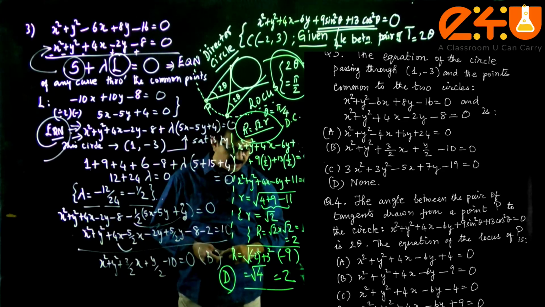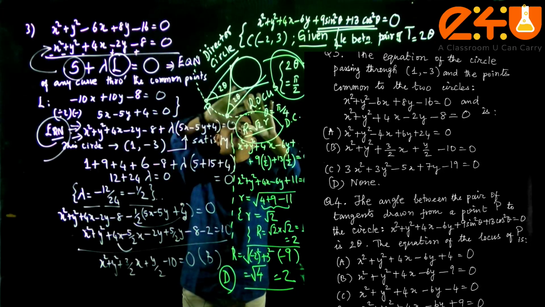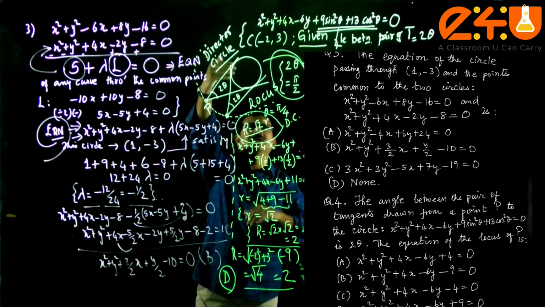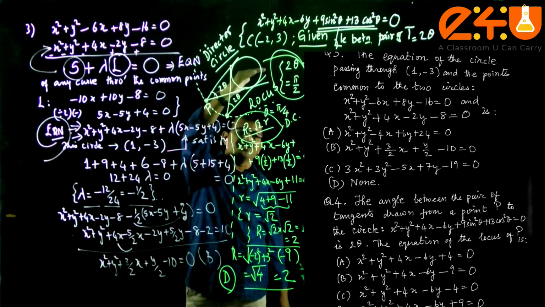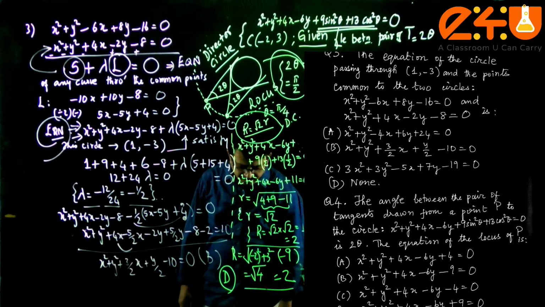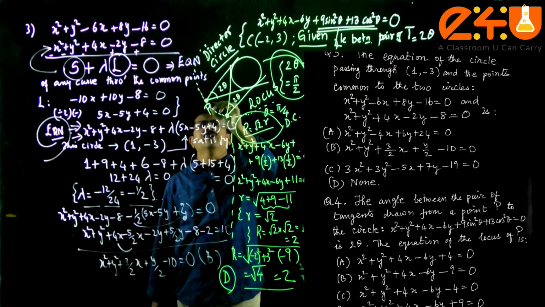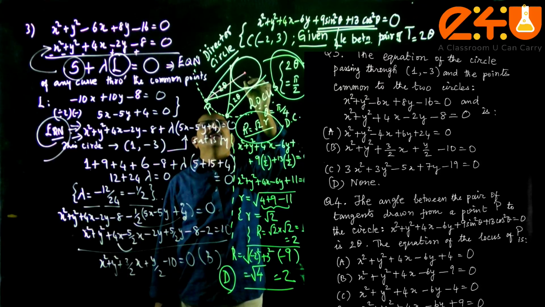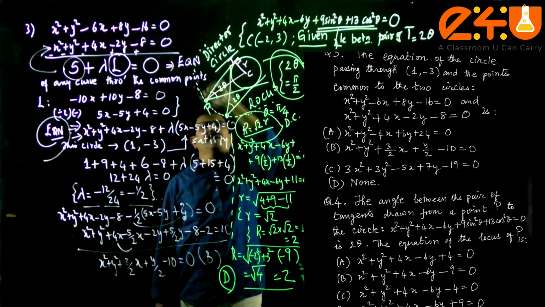I hope the students are getting familiar, because otherwise, assuming a general value of theta and solving the question becomes very elaborate. I can just give you a hint, whoever wants to solve: join the center, complete the right angle triangle, the radius is perpendicular to the tangent.